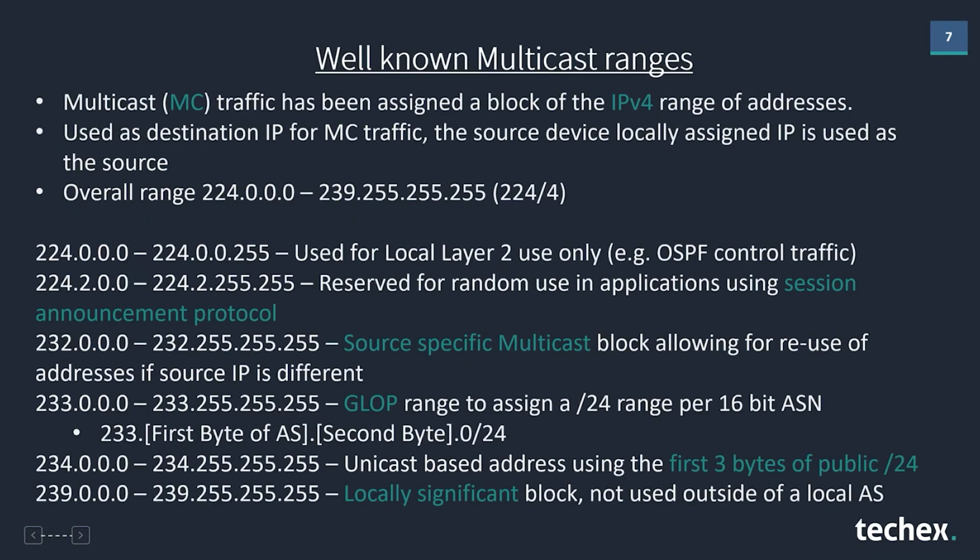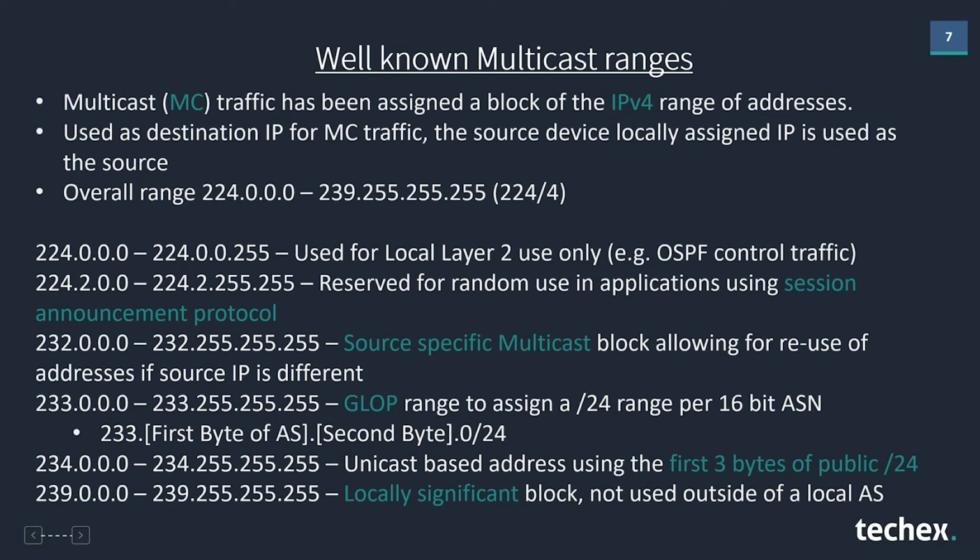So, as I mentioned, we have the need for multicast ranges, and there are some reserved ranges, as you can see here. I will genuinely be reading off the screen for this section because it isn't something that I've been able to memorize myself. There are blocks for local layer 2 use only. Those are usually for well-known control traffic, like OSPF control traffic, for example, or some other protocols.